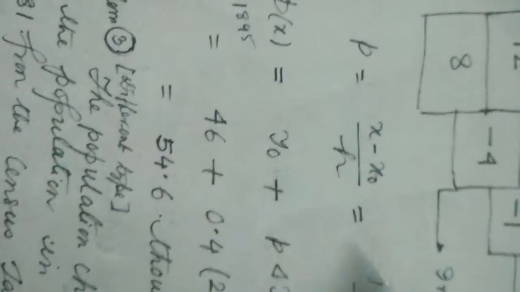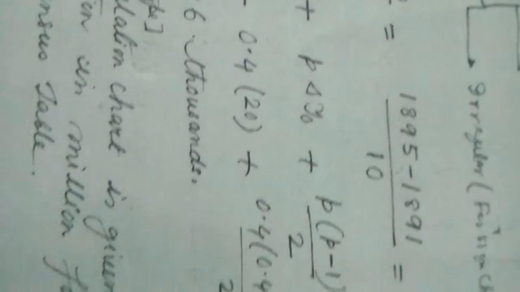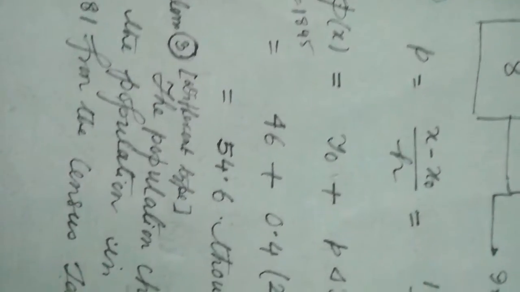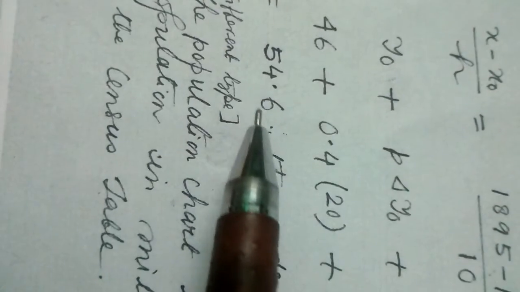You can use the same formula. Putting the value, x is equal to 1895. So this is 54.6 thousand.